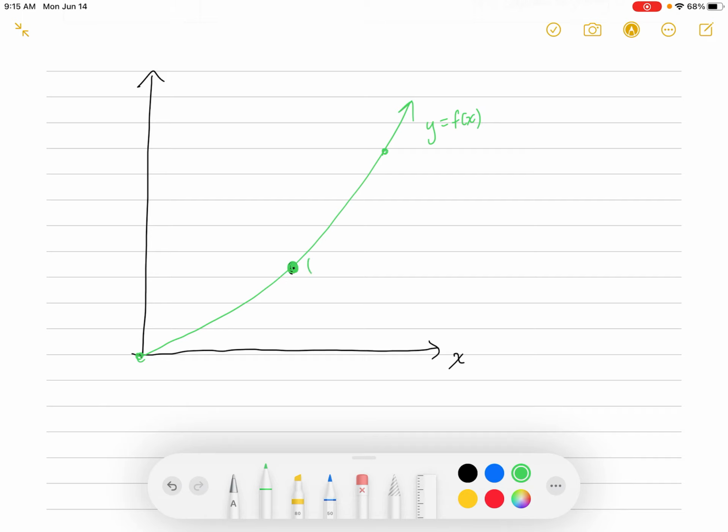And that green point right there, well, it's supposed to be green. The input is x, and the y value, the output, is f of x. So I'm going to take the x coordinate down to the x-axis. I'll call that the input x, and the y value I'll take to the y-axis, and I'll call that f of x. The y value is f of x.